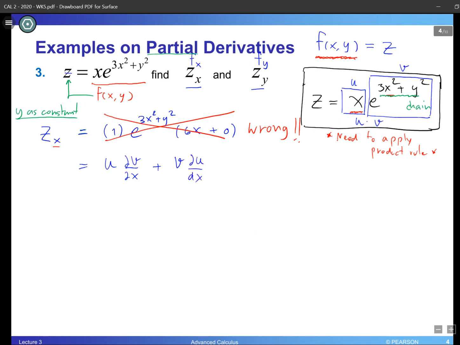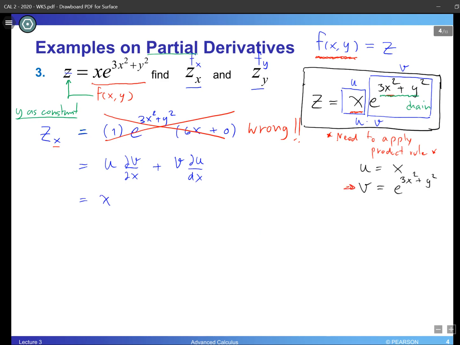So let me write down v and u again. u here is going to be equal to just x, and v here is going to be equal to exponential of 3x squared plus y squared. Now we have this product rule right here, so we can proceed to perform the calculation. u right here is equal to x, and then I need to diff this v with respect to x.